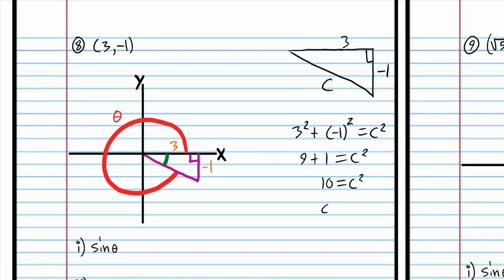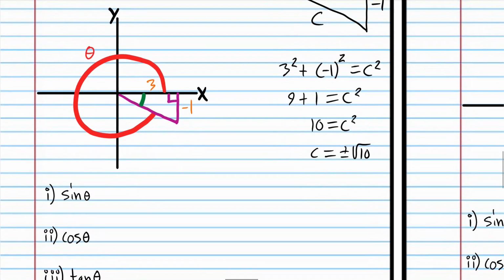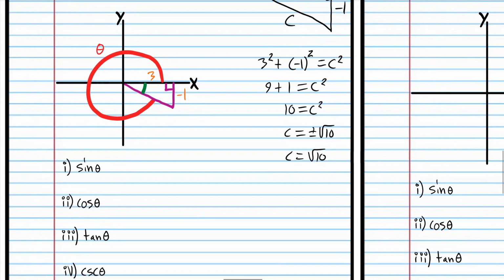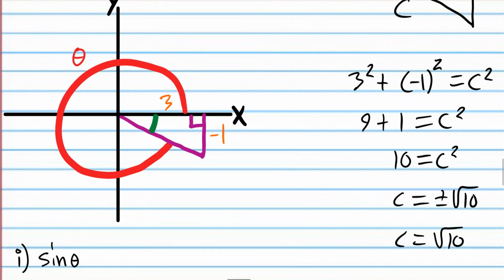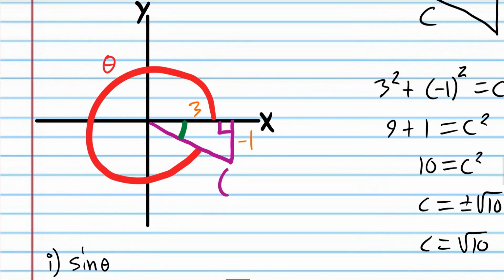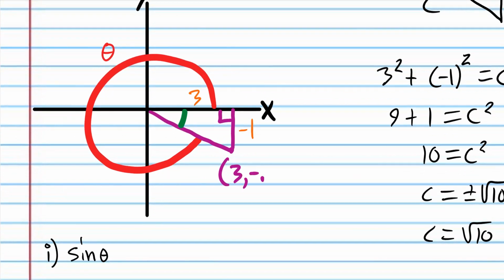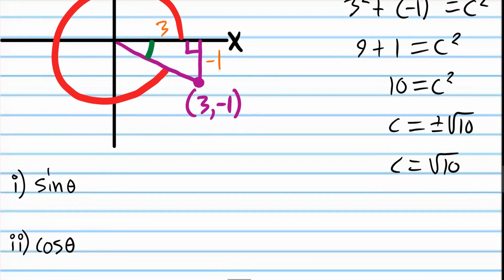And we're going to square root both sides, so we get plus or minus square root 10. And the hypotenuse, of course, is positive. It's always positive. So now we have the information that we need. And by the way, I should show that this point down here is 3, -1. That's that point there. All right.